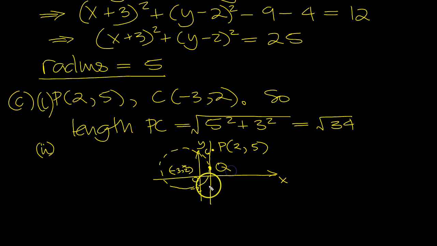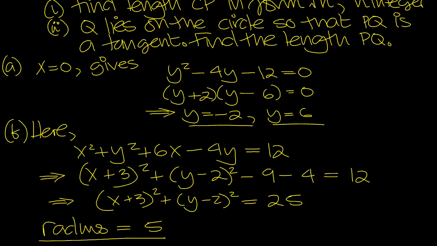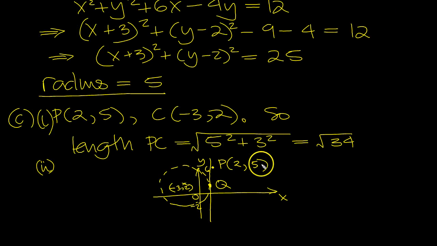At Q. You could always go over here as well, so let's have a look at the question. Q lies on the circle so that PQ is a tangent. Find the length of PQ. Now the only thing is P is at the height 5. So couldn't it be that point there as well? Radius 5, so it would have to go up. This is height 5, this is 2, so this is a radius 5, so this is at 7 really. So this line is not flat, but it could touch there as well, couldn't it?